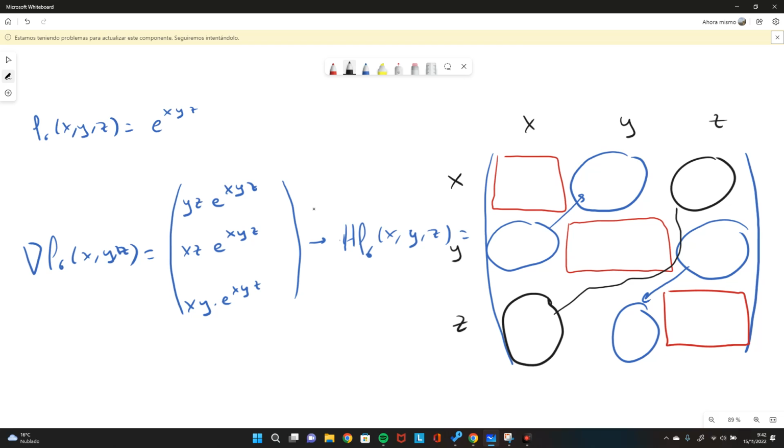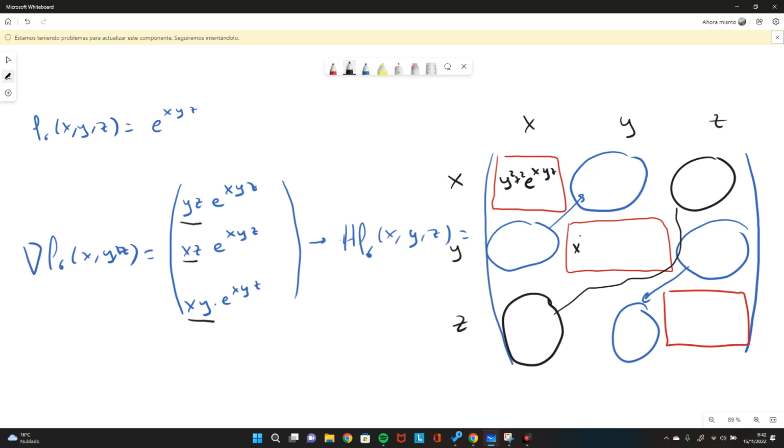Look, the main diagonal is going to be pretty straightforward because we never have the same variable when performing the derivative again. We don't have it here, so that's no product. That's just a constant in this case. And so we have y squared z squared times e to the power of xyz.